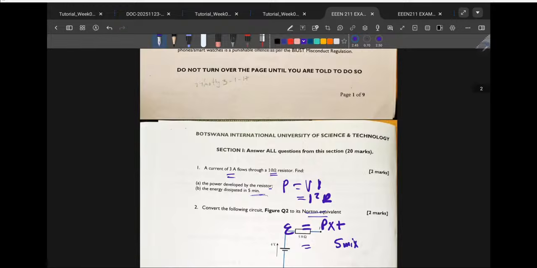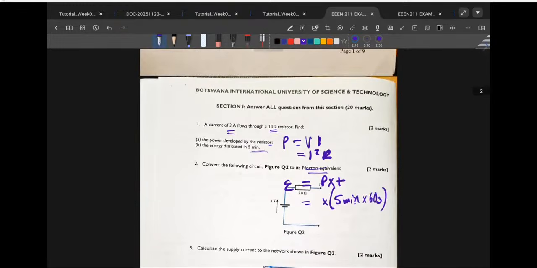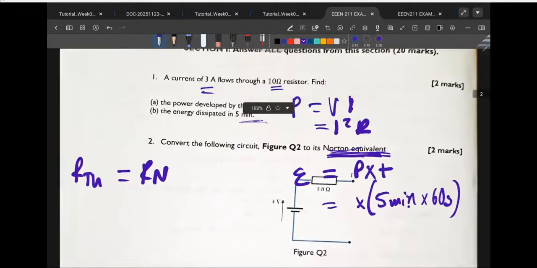Convert the following circuits. If you're converting to get the Norton equivalent, this is easy. To do these conversions, you must just know that R Thevenin is equal to R Norton. So to find the Norton, we need I N. R Norton we already know is going to be equal to 5.0 ohms.